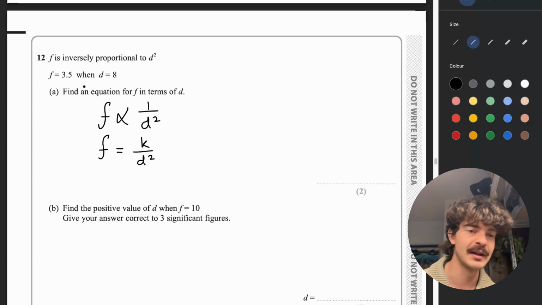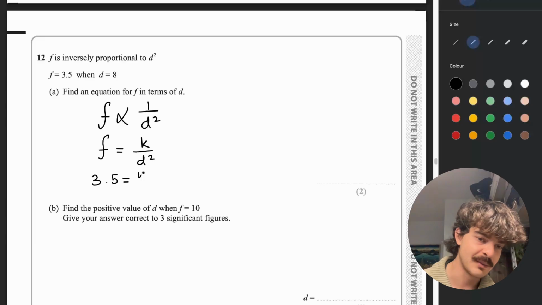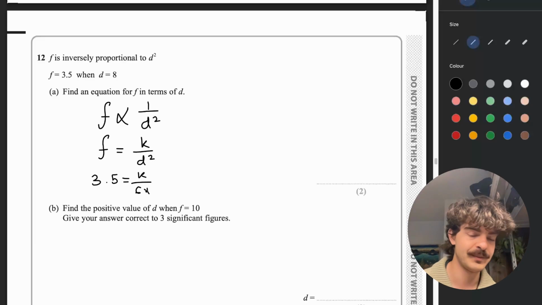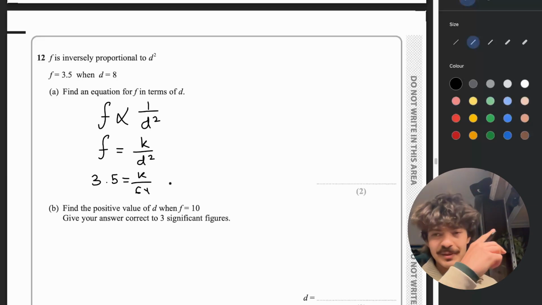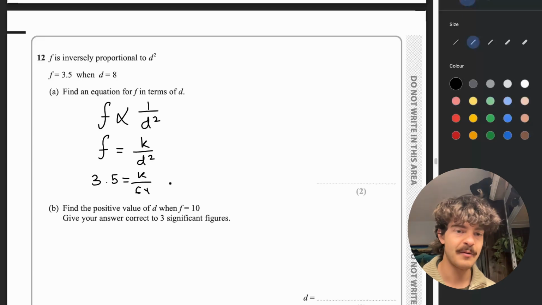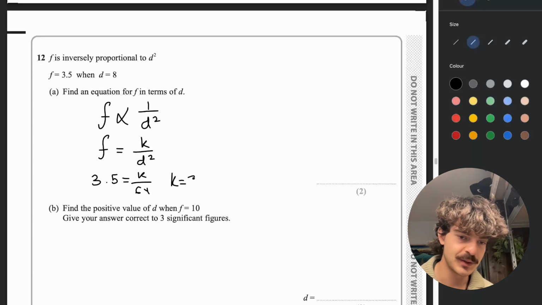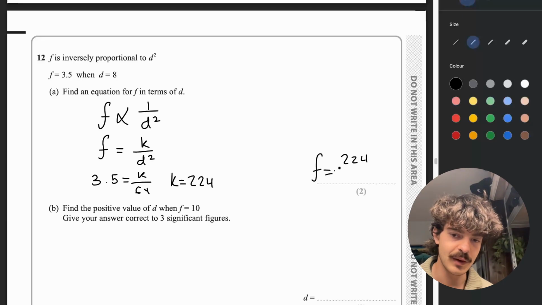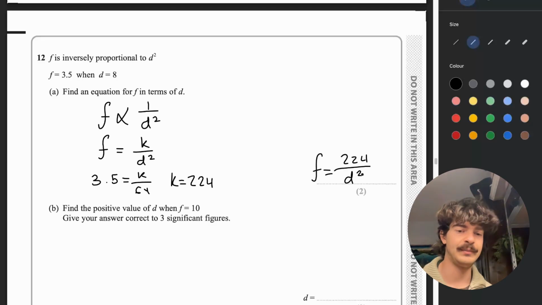And we can do this by plugging in the values that we have. 3.5 is equal to some constant K over D squared, 64. Multiplying up by the 64, 64 times 3.5, we get K is equal to 224. So there's our equation. Find an equation of F in terms of D. F is equal to 224 over D squared.